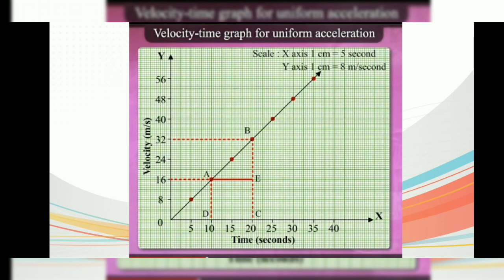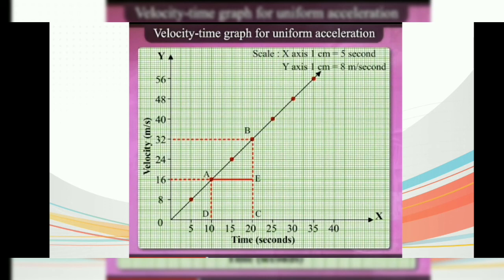Children, the velocity changes by equal amounts in equal time intervals. Yes, we have just seen an equal time interval of 5 seconds and velocity change of 8 meters per second, right? So this is uniformly accelerated motion.